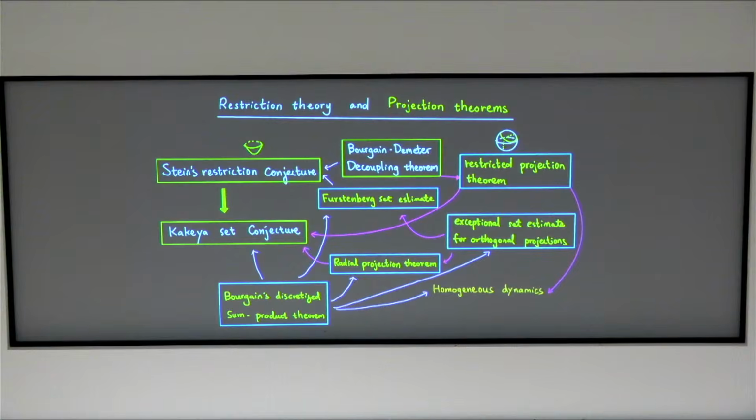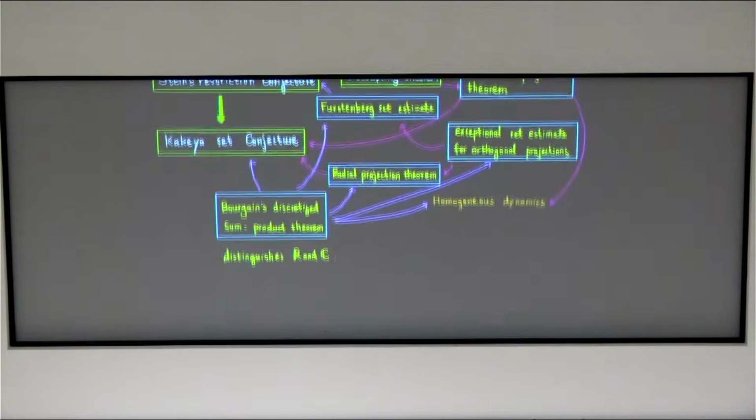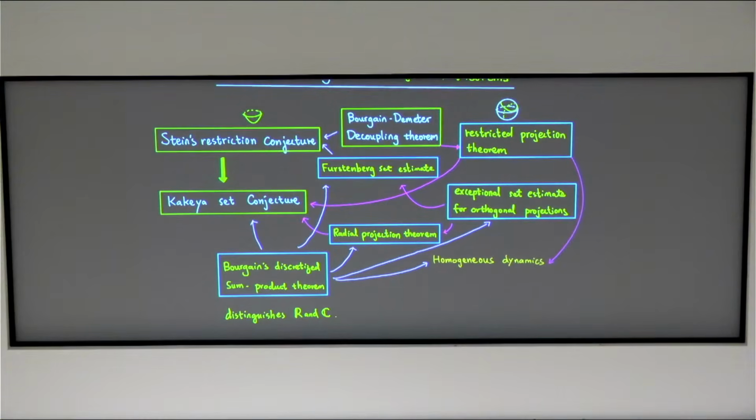So the green boxes are results and problems in projection theory, and the blue boxes are theorems and results in projection theorems in geometric measure theory. So hopefully we can discuss some of the boxes and discuss their connections.